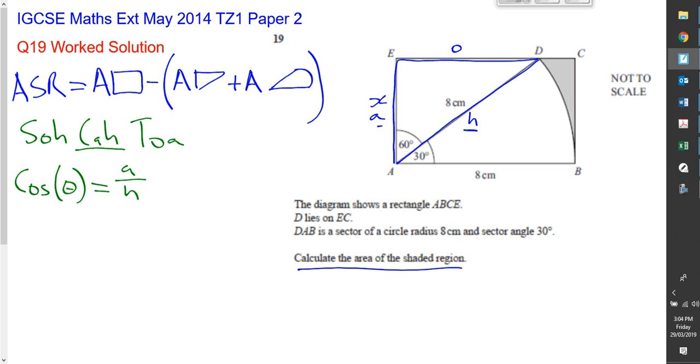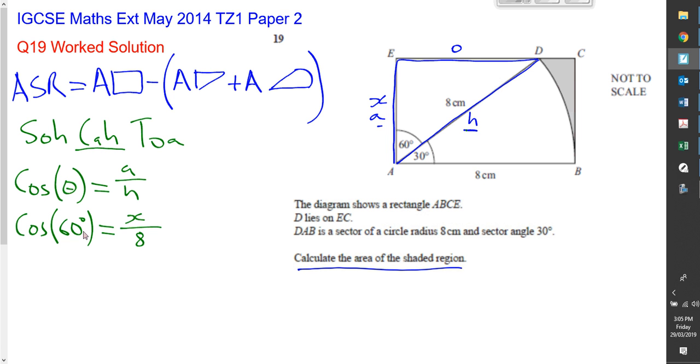All right, so let's substitute in the information that we have. The cosine of our angle, which happens to be 60 degrees, should be equal to the adjacent side, which is the unknown x we're looking for, over the hypotenuse, which happens to be 8 centimetres.